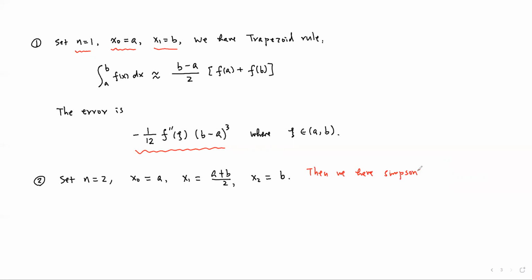Simpson's rule: the integral from a to b of f dx is roughly (b minus a) over 6 times the Simpson's rule expression.